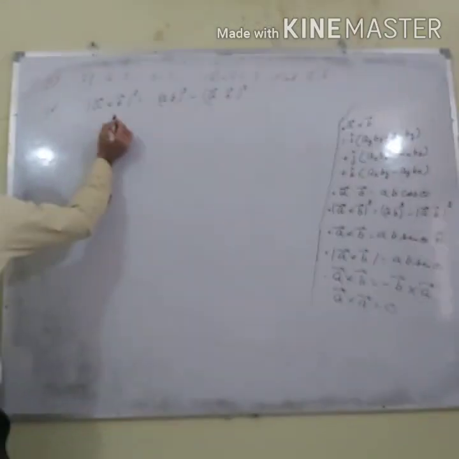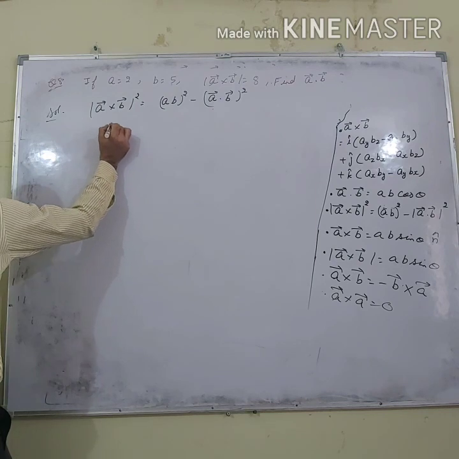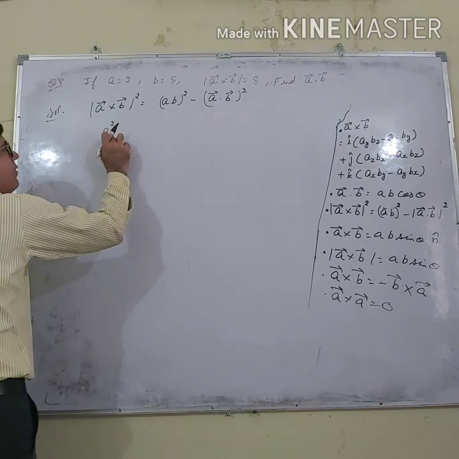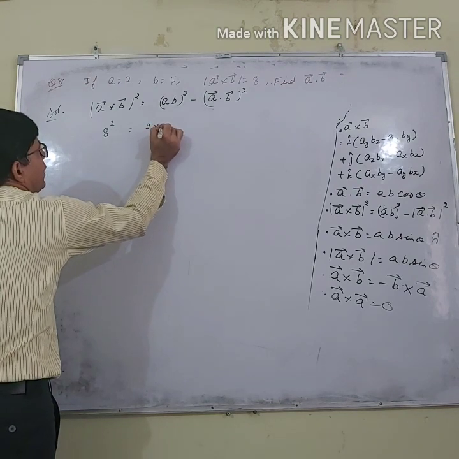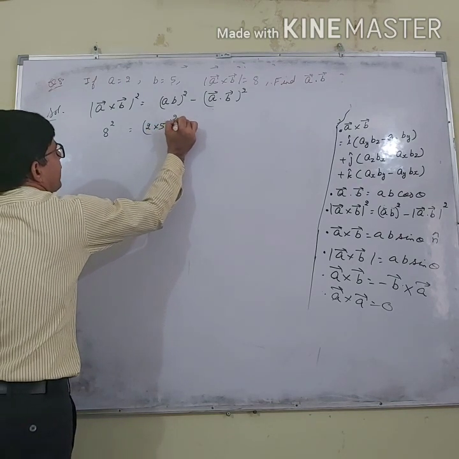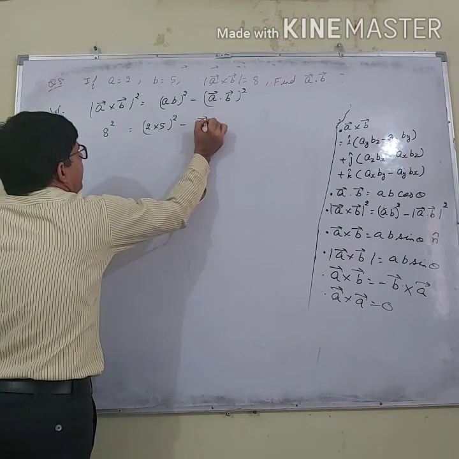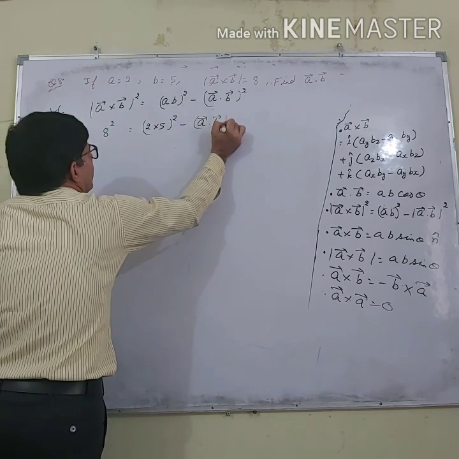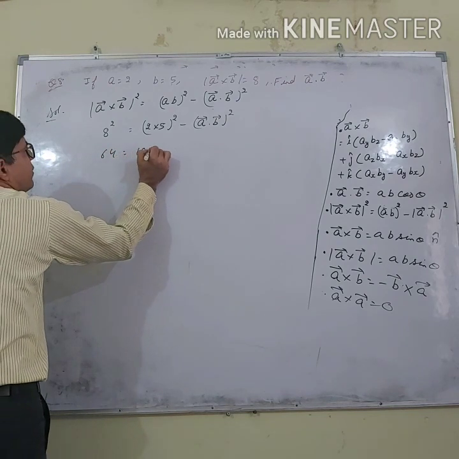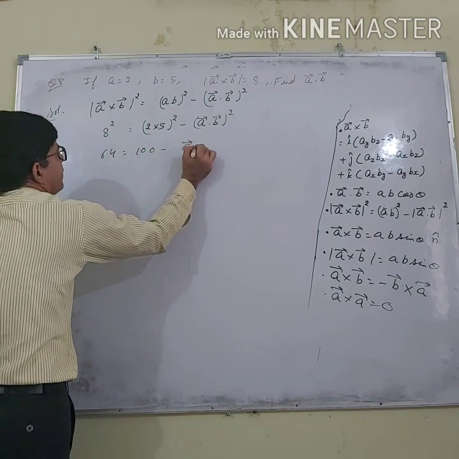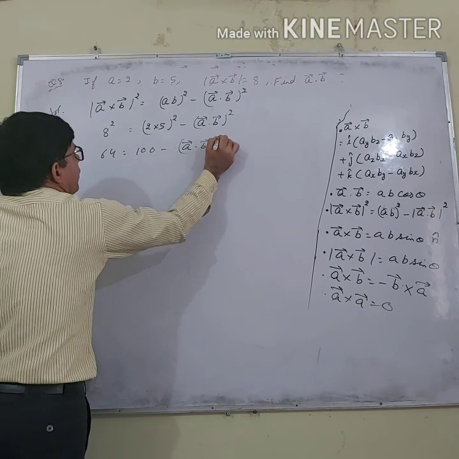And what is A cross B magnitude? It is 8 squared. And what is AB? 2 multiplied by 5, squared. And A dot B I have to calculate. This is 64, this is 100 minus (A dot B) squared.